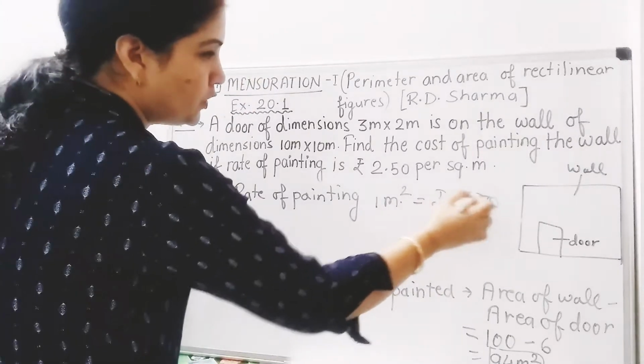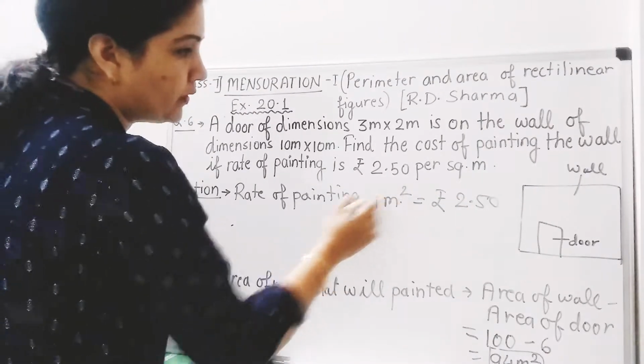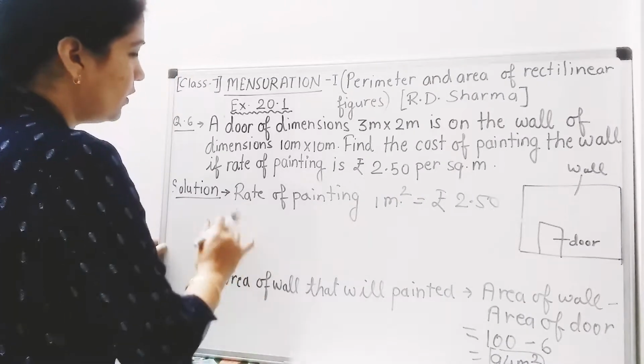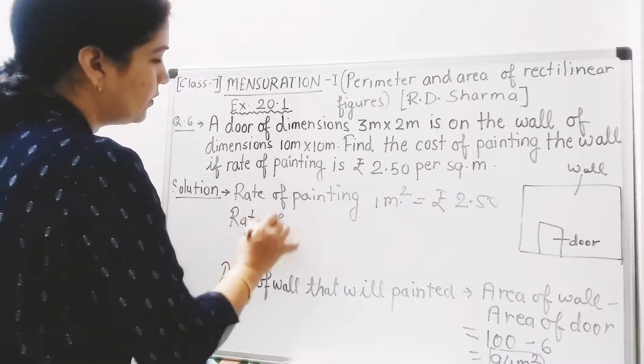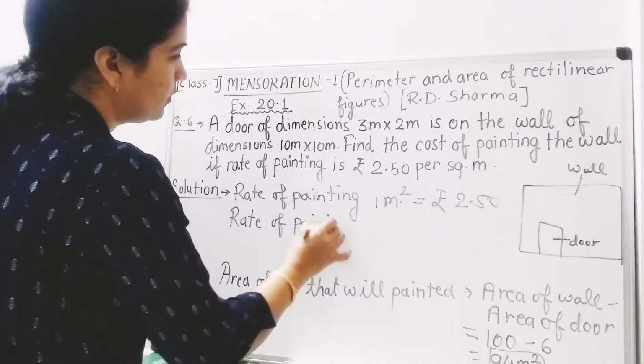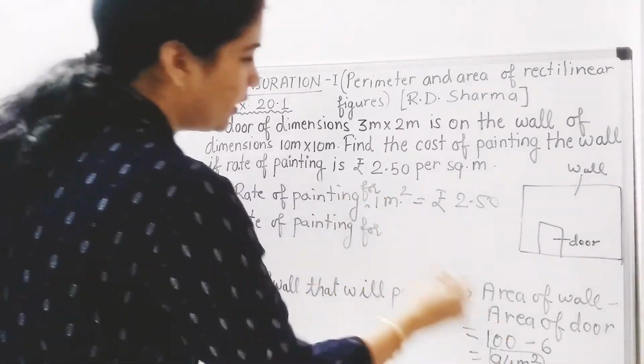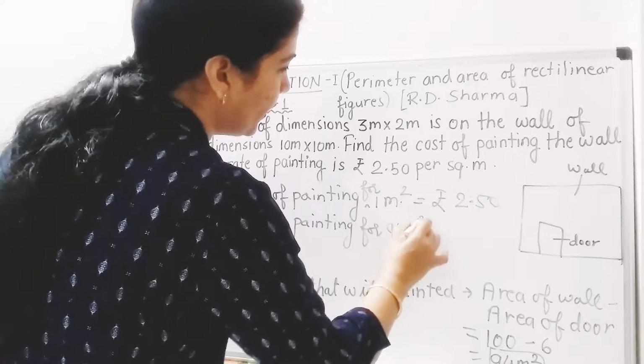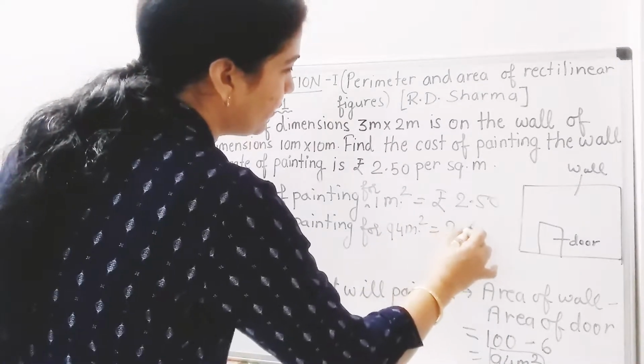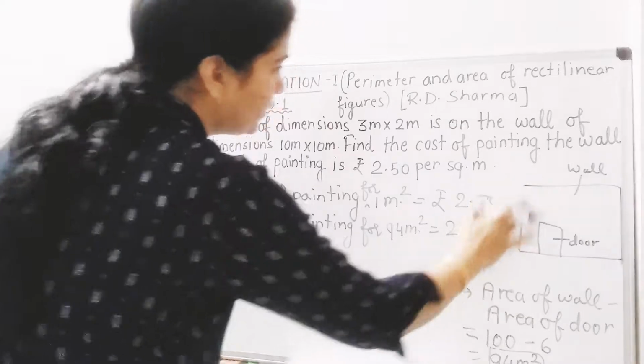This much we have to pay when we paint 1 meter square of that wall. So the rate of painting for 94 meter square will be, we have to simply multiply 2.50 multiplied by 94.